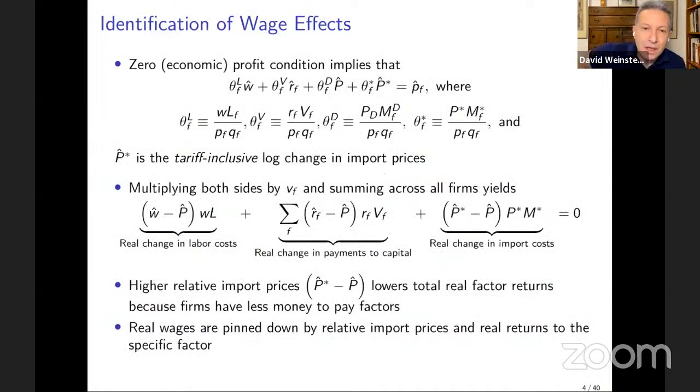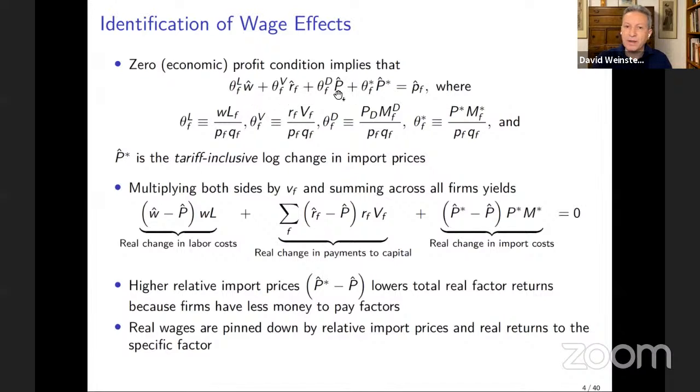Okay. So now turning to the specific factors model, we're going to get an equation that's essentially the same as the standard Jones-hat algebra, which is a link between log changes in output prices and log changes in input prices. In the standard specific factors model, that would be just wages and capital.